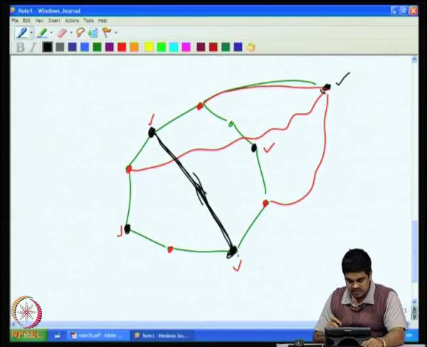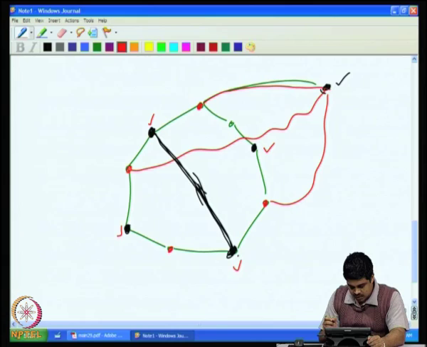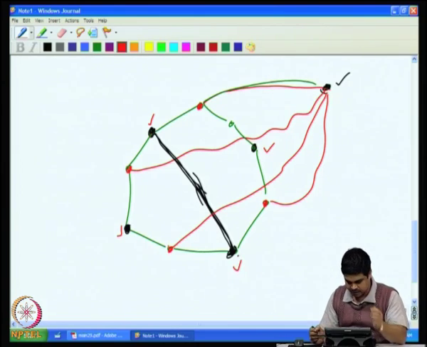Suppose it is there, then what can happen? This is a red vertex, and this comes after that, and here this is also a red vertex, and this comes after that.